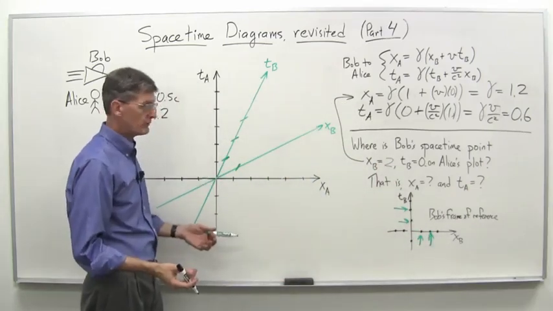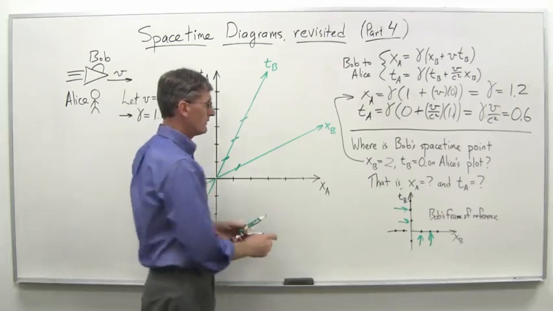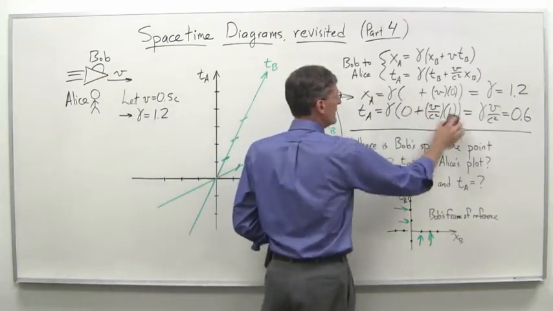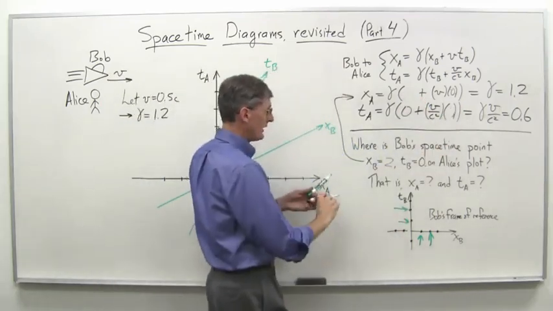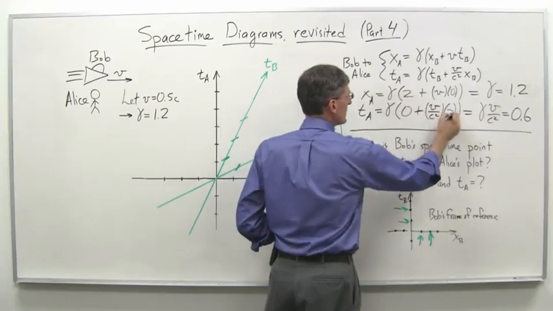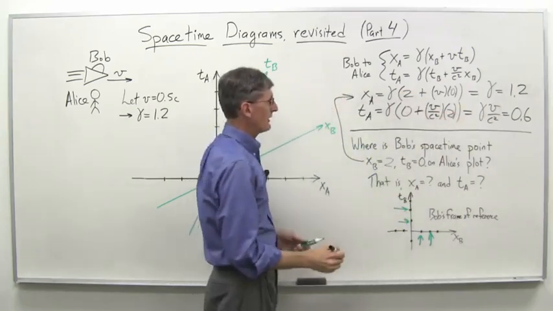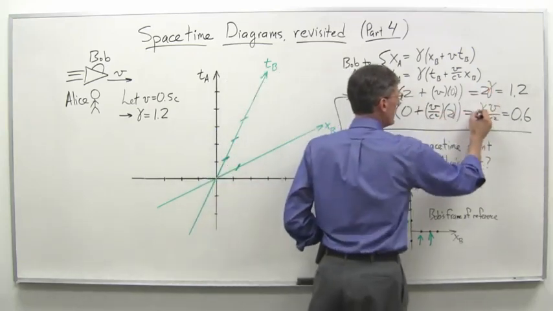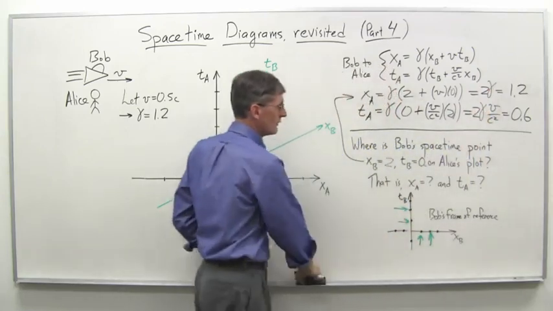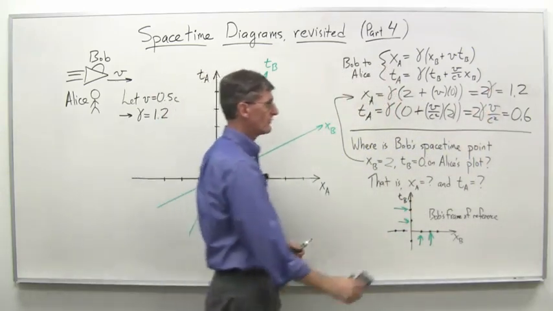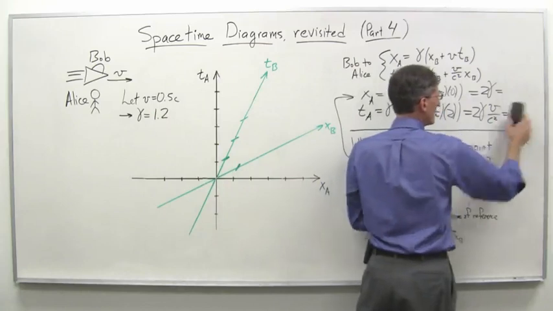So now we're looking at this point right here on the x sub b axis. t sub b is 0, and so we come up here. The zeros stay the same. This becomes a 2, this becomes a 2, and we get 2 gamma and 2 gamma v over c squared in those cases. So we get 2.4 and 1.2.